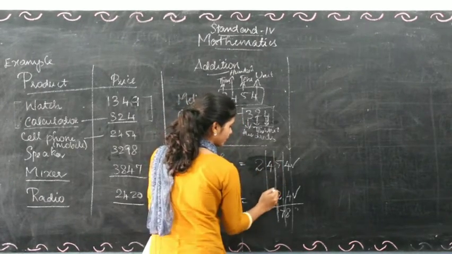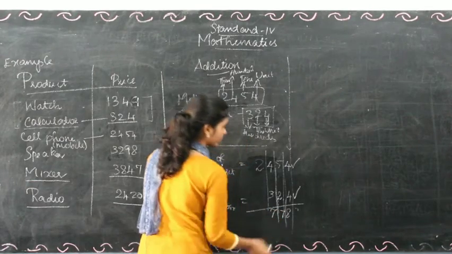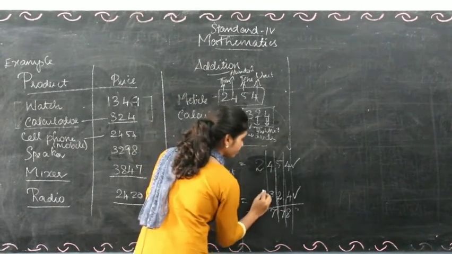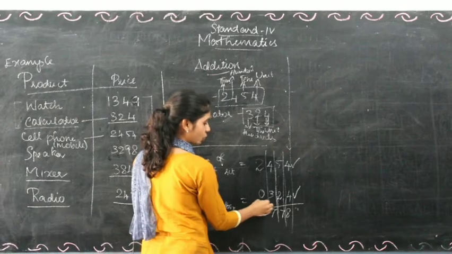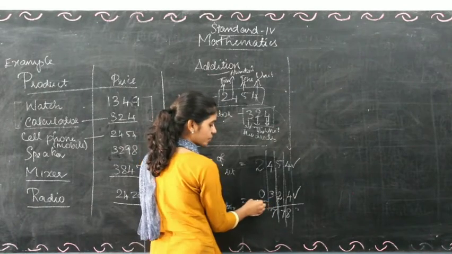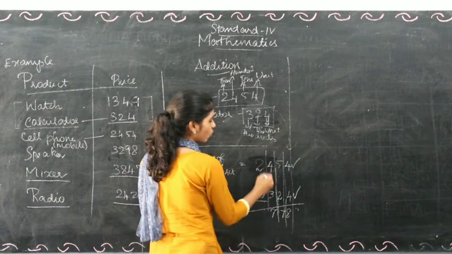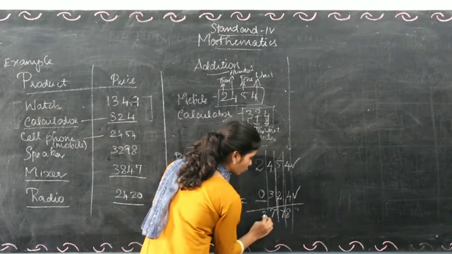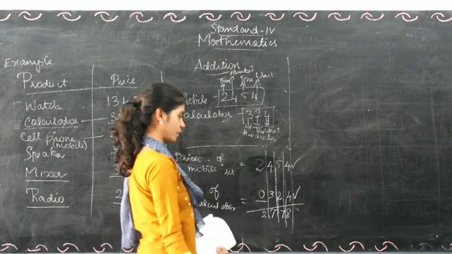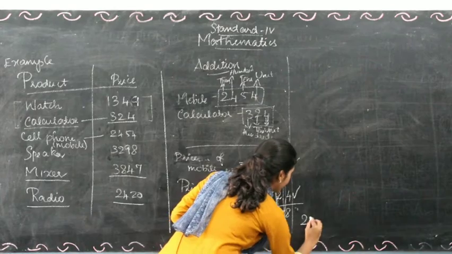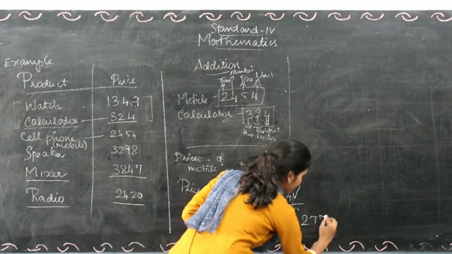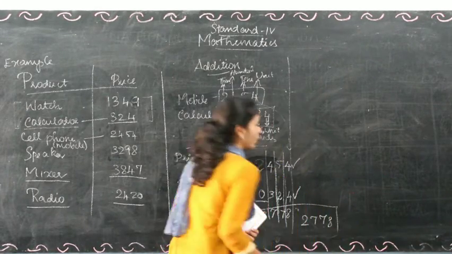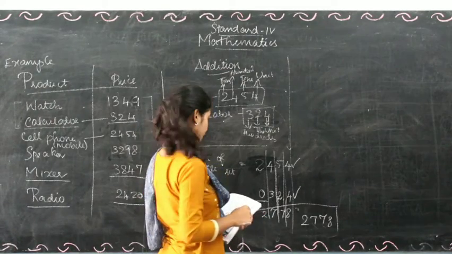So 4 plus 3 will be 7. And in thousands, here we have no numbers, so we'll simply put 0. 2 plus 0 will be 2. So totally the person should give 2778 rupees for both the cell phone and the calculator.